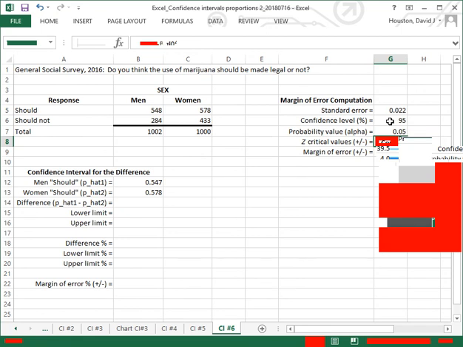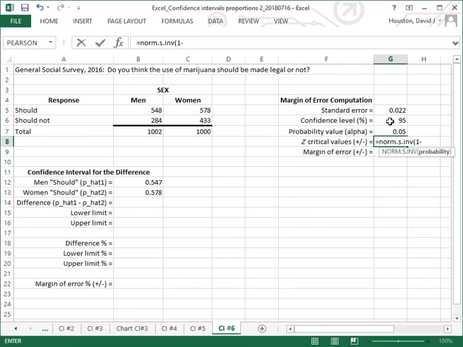And the probability value is going to be 1 minus our alpha level divided by 2 is what we input here. And that's plus or minus 1.96, which should be the critical values for z when we have a 95% confidence level.